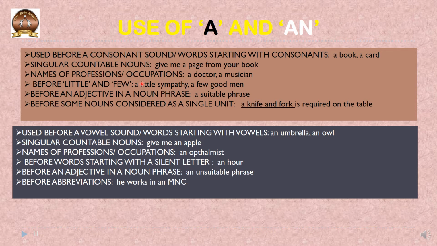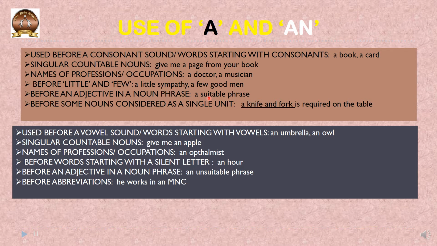Names of professions, occupations: a doctor, a musician, a teacher, or a mason, anyone. Before "little" or "few": a little sympathy. One needs a little sympathy from you. I met a few good men in my journey.